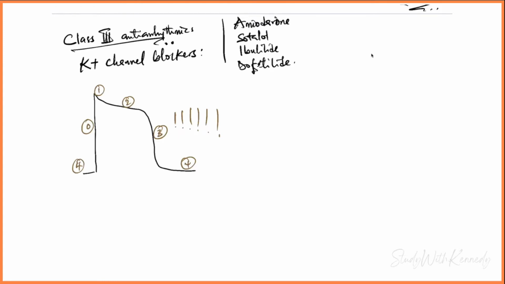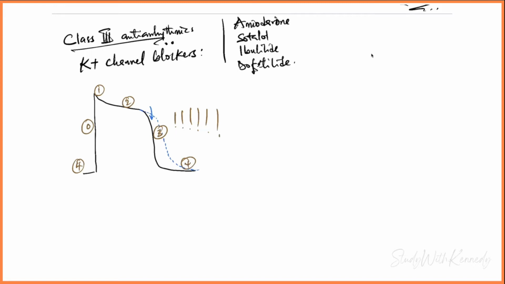If they block potassium channels on phase 3, there will be a slower efflux of potassium. I hope you remember that. If you have slower efflux, you would have slower repolarization. So instead of having this very quick or sharp dip in action potential, what we are going to have is a slower progression, something of this nature, showing that the potassium channels are inhibited.